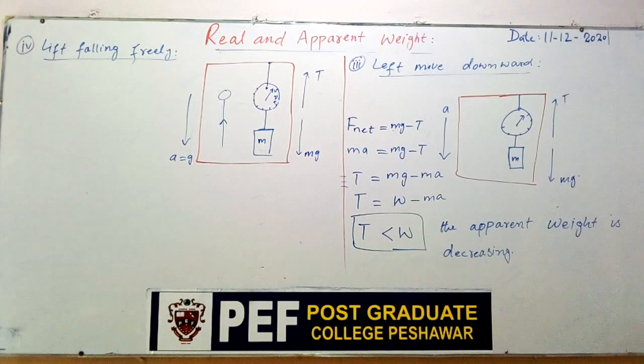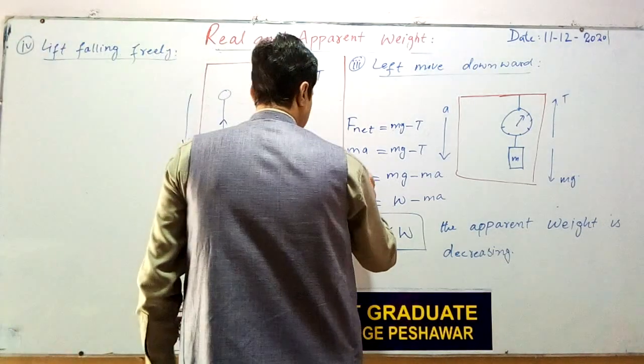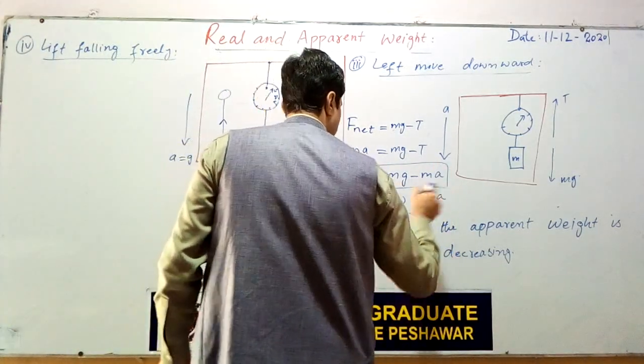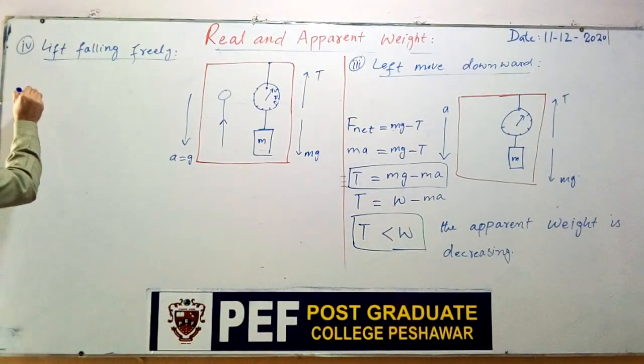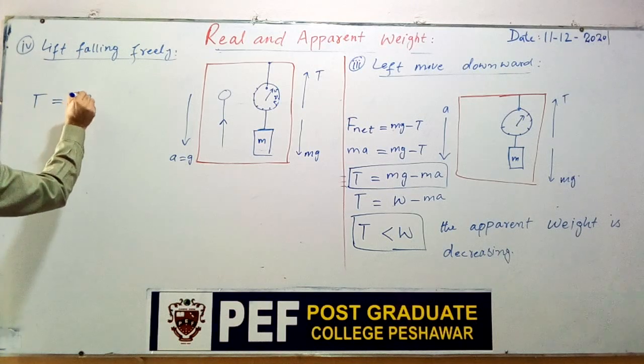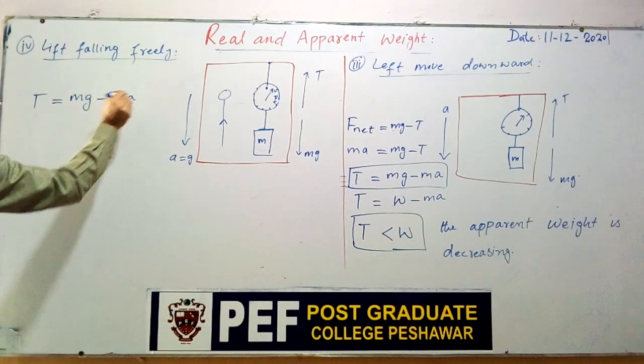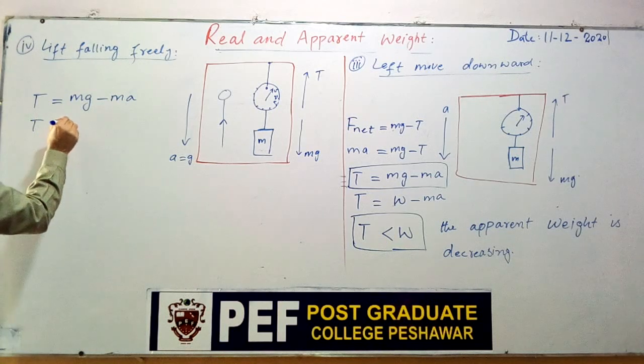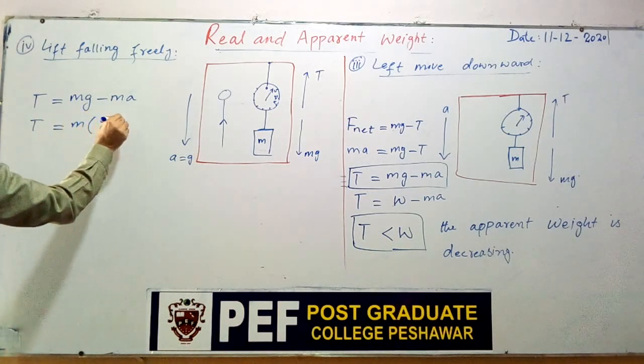So let me derive the formula for weight. For this case, we have the same formula. In this formula, you can put the value of a. We have proved that T equal to mg minus ma. Taking m common, we get m into g minus a.